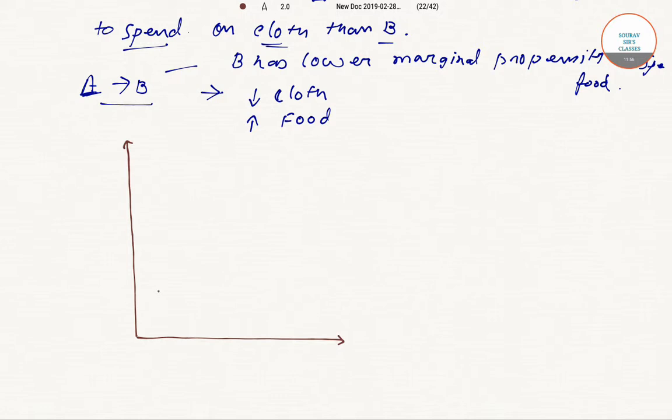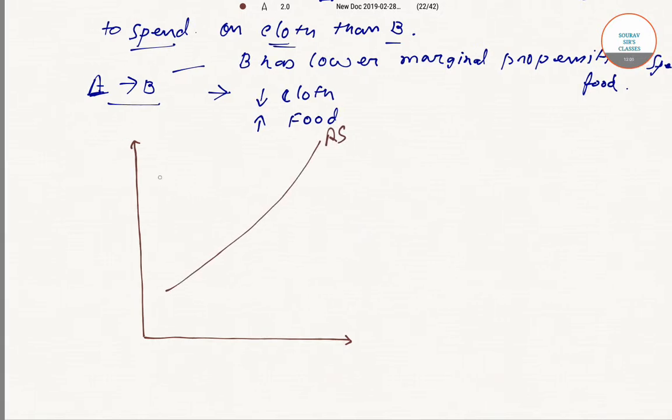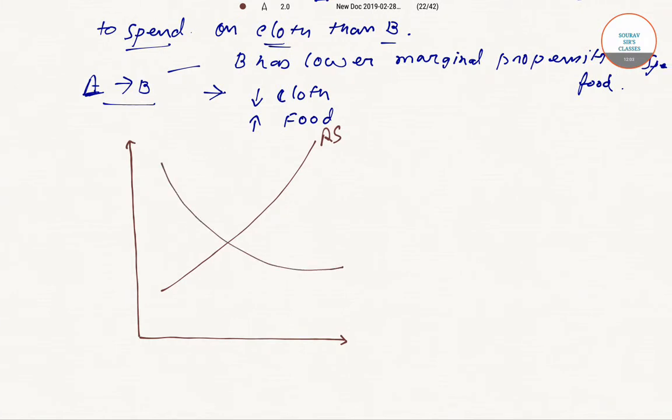So in this diagram there is RS, there is RD2, and there is RD1.